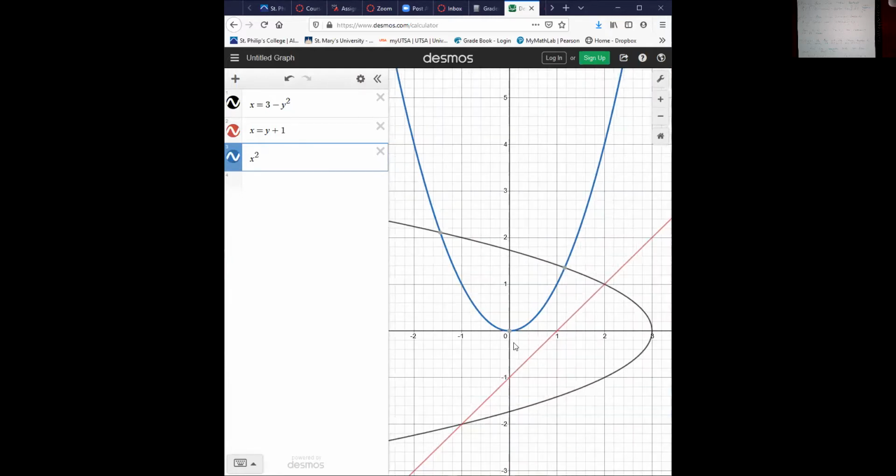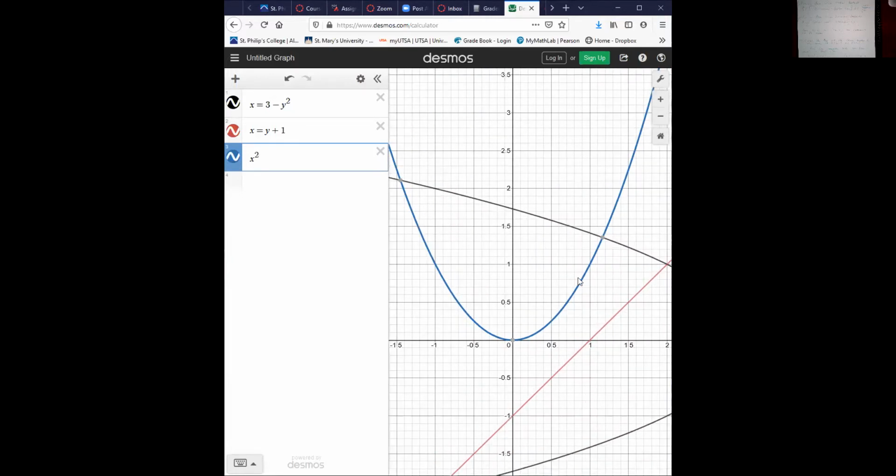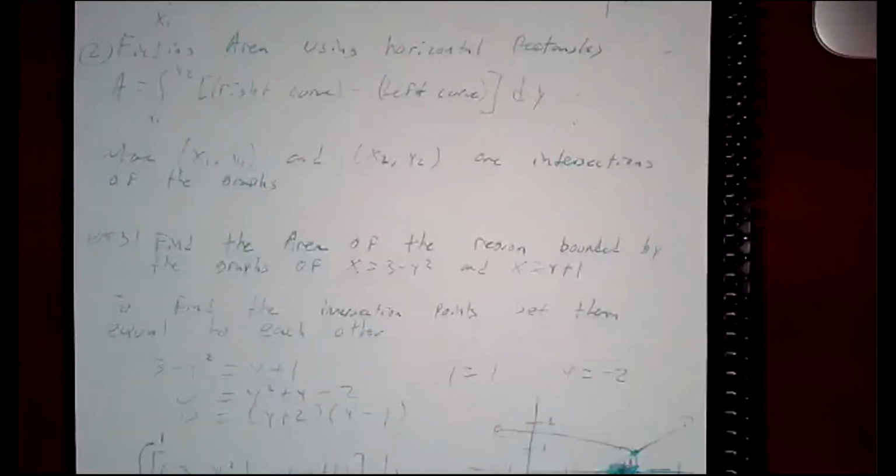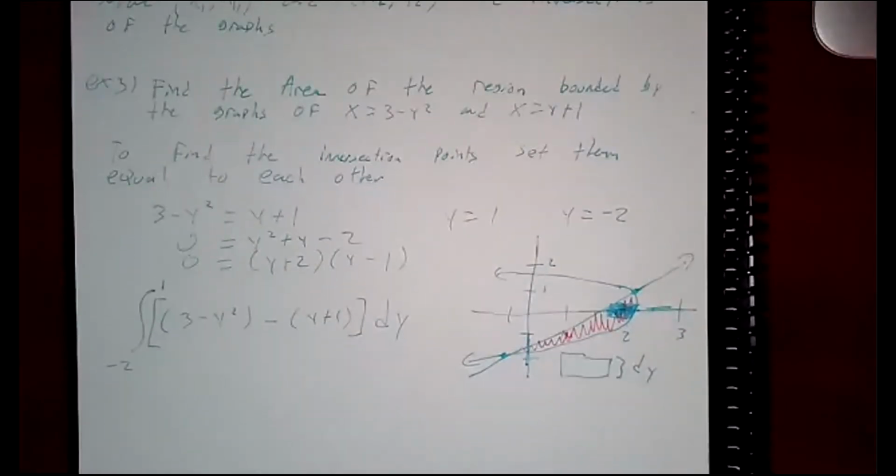Like this one. Let's say I wanted to find this region, right? I would not want to do dy because I'm hitting the blue parabola twice. So you would choose dx because I could hit each one once for every rectangle. An infinite number of rectangles. You see the idea? Yeah, I see it now.